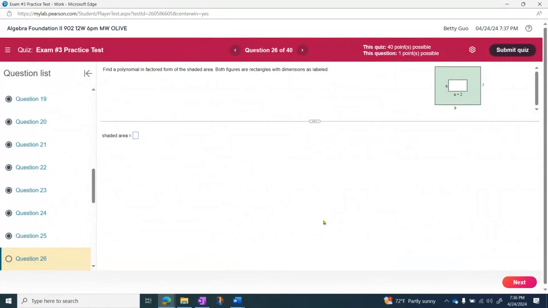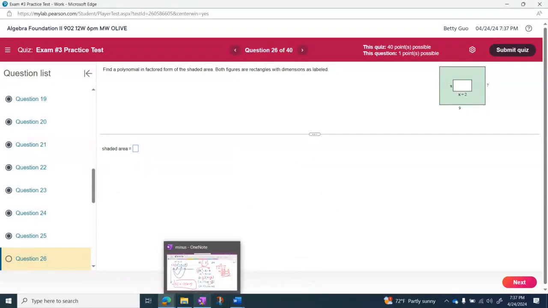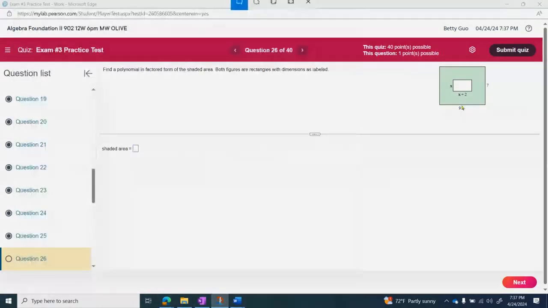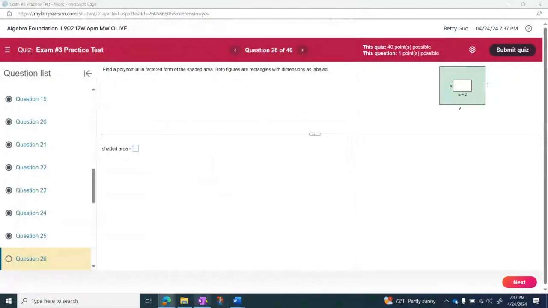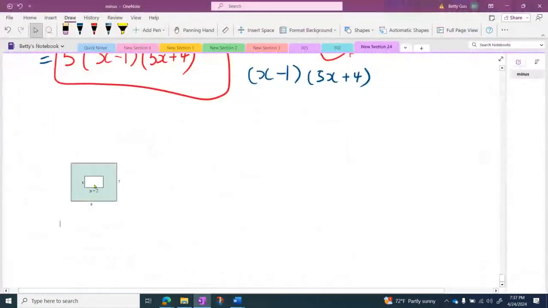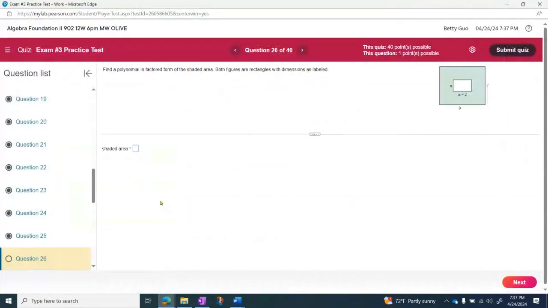Oh, the graph there. Maybe it's bigger. Shaded area. Okay, we are looking for the shaded area, right? This is an application problem. We are looking for the area of the shaded region. Find a polynomial in factored form of the shaded area.